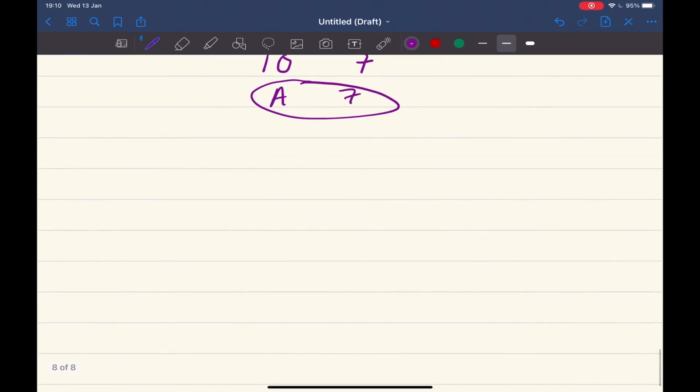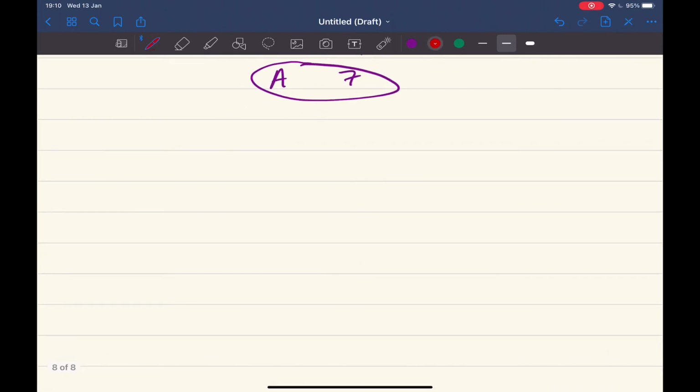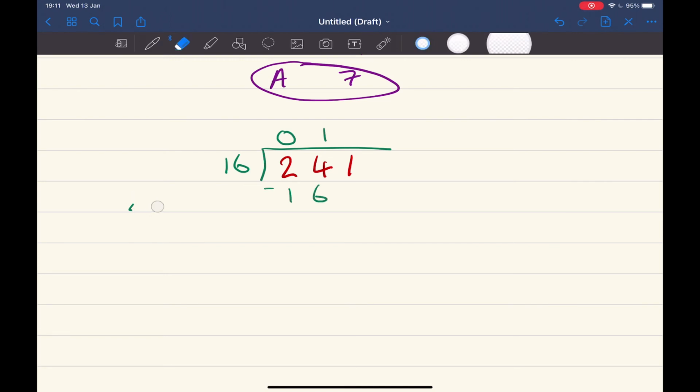Let's just show you another example of how that might work. So let's go with 241. So again, we're going to use our bus stop method. We say how many 16s go into 2? None. How many go into 24? 1. So 24 minus 16 then we can't do, so we'll carry 1.